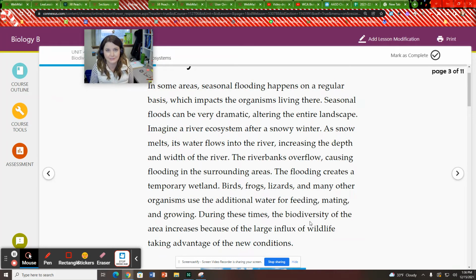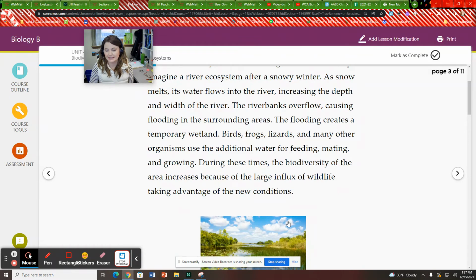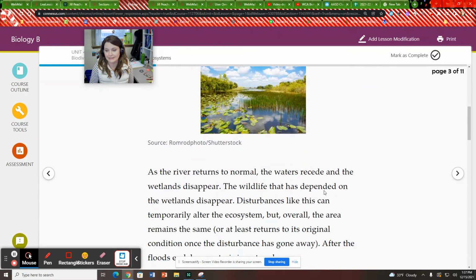This can change lots of different parts of the ecosystem, can change the vegetation, can change the flow of the river, and even can change the organisms that live there, because some migrate to warmer climates during the colder months as well. So while these are changes, they are cyclical, they are routine, they are things that that ecosystem has adapted to, and it still is able to maintain homeostasis.